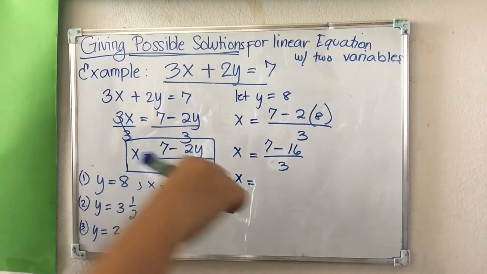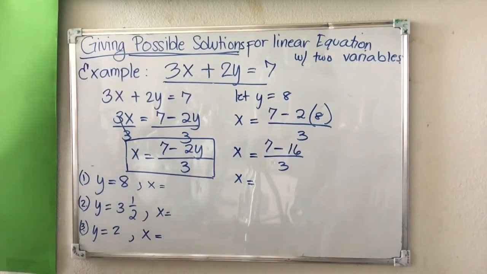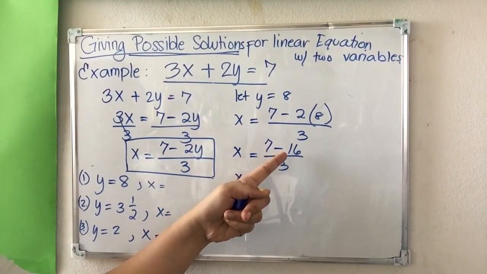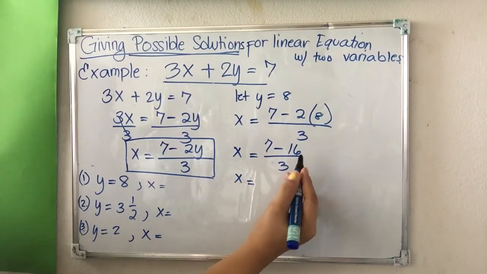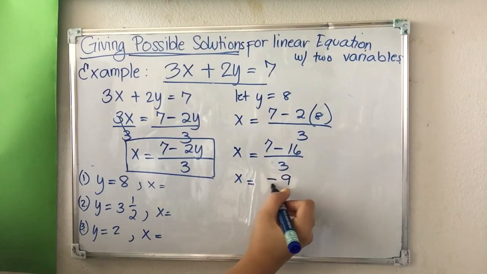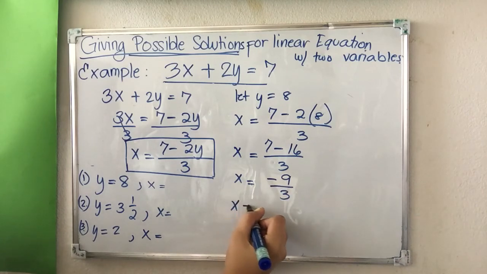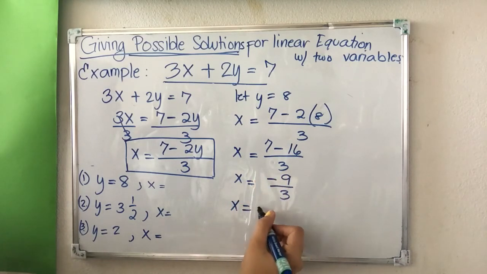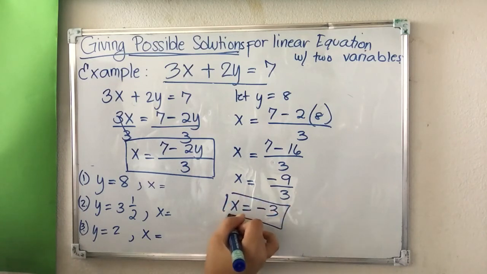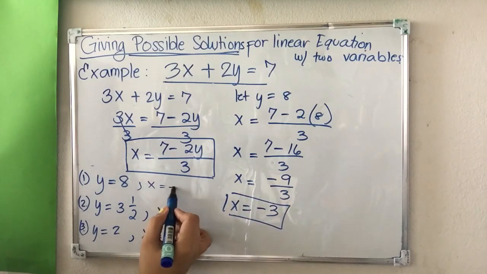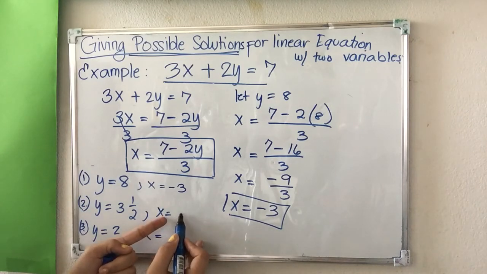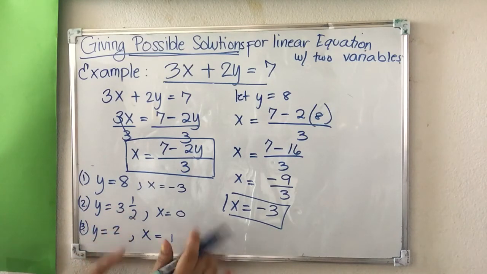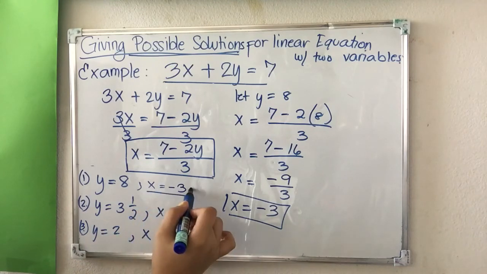So 7 minus 16 is equal to negative 9 over 3. So x is equal to negative 9 over 3, which is negative 3. That is negative 3, right? So they are the same. What is the answer here? 0, right? And this one is 1. So this one is the same. So this is correct.